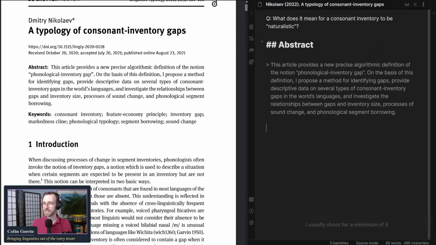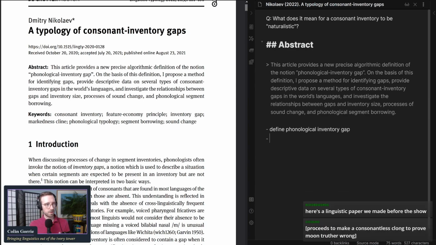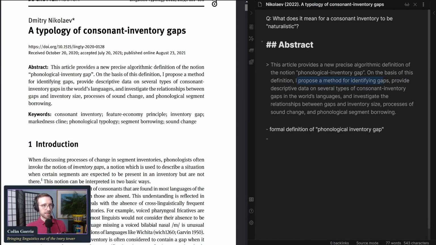We have a new precise algorithmic definition of phonological inventory gap. So we have a definition of the term phonological inventory gap, formal definition, method for identifying gaps. Okay, that's fine. That's kind of in with the definition.